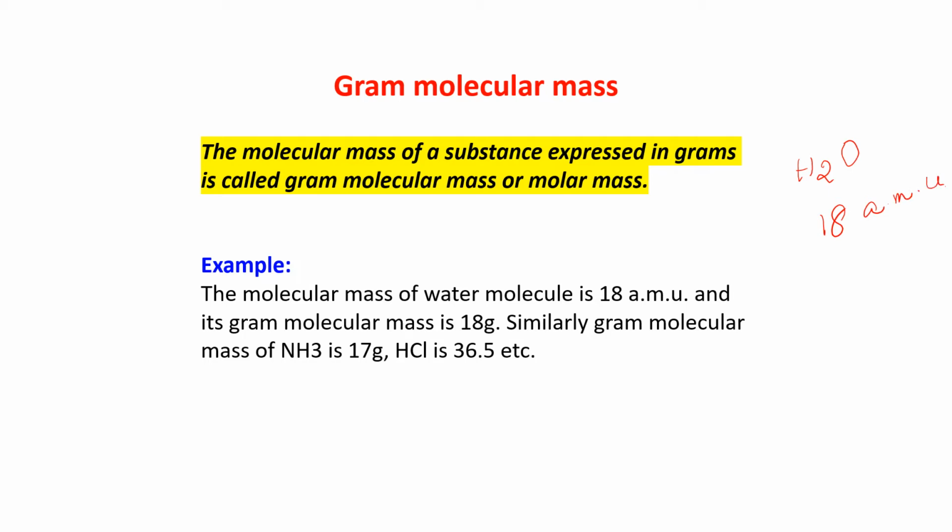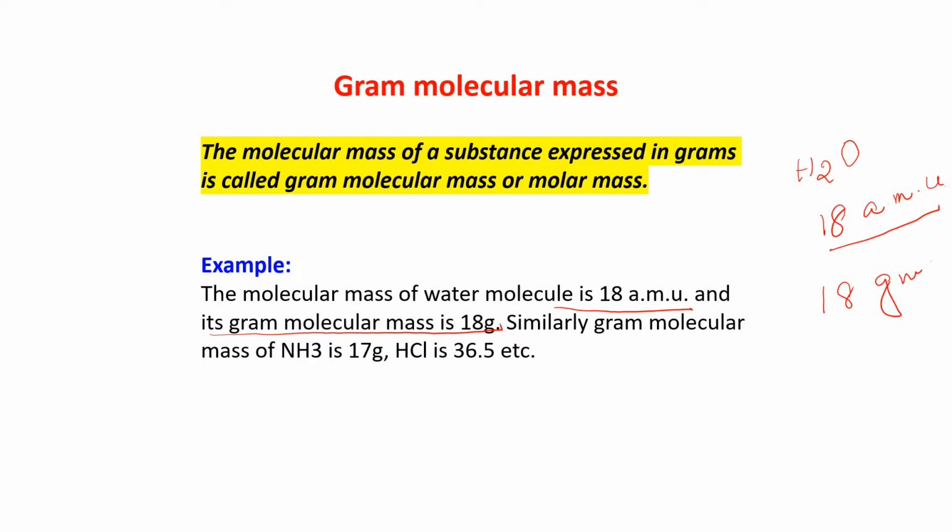Because water is a molecule, if I want to express it in gram molecular mass, then I'll say 18 gram. Am I clear? So the molecular mass of water is 18 AMU and its gram molecular mass is 18 gram.